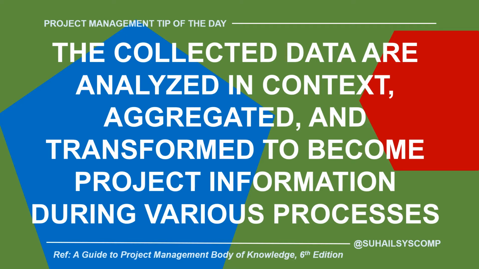So all the work performance data coming from execution, from the process direct and manage project work, is being shared with various monitors and controls representing all the 10 knowledge areas, and each one of them compares this data against the project management plan and the baselines, scope, time and cost baselines, and analyzes it, and the result coming out of each of these monitors and controls is the work performance information.